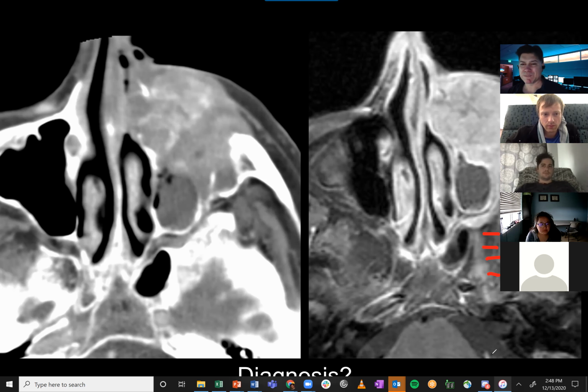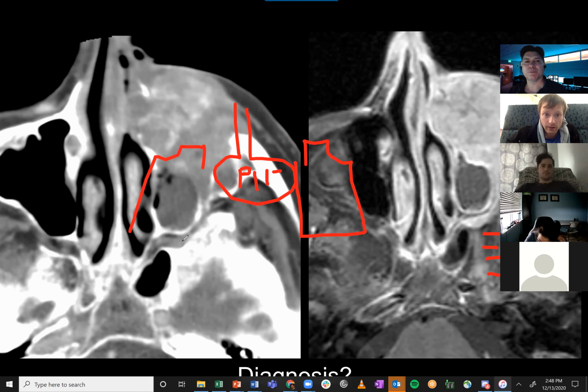What's before that? Meckel's cave. What's before that? If you think about where the pituitary is in the midline, on both sides of that you have the cavernous sinus, these valveless venous sinusoids. And you have all these cranial nerves there.